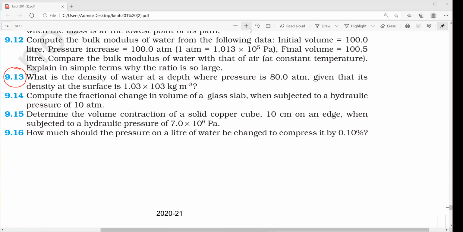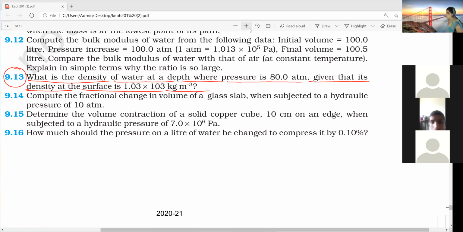What is the density of water at a depth where pressure is 80 atmosphere, given that its density at the surface is 1.03 into 10^3 kg per meter cube. They have given the question. What do you have to do? Try to read the question once, twice or thrice. So this is very easy.